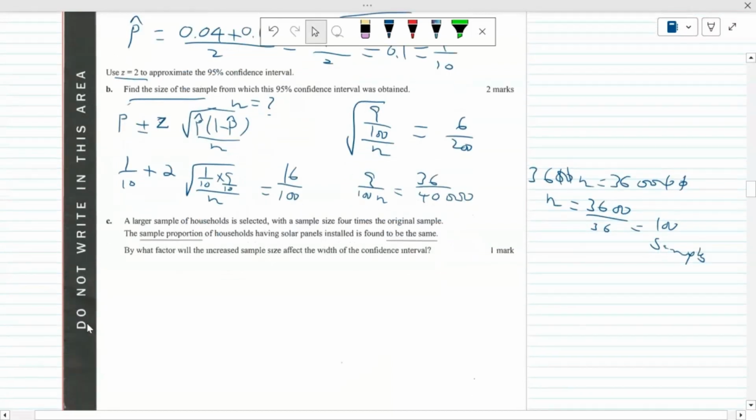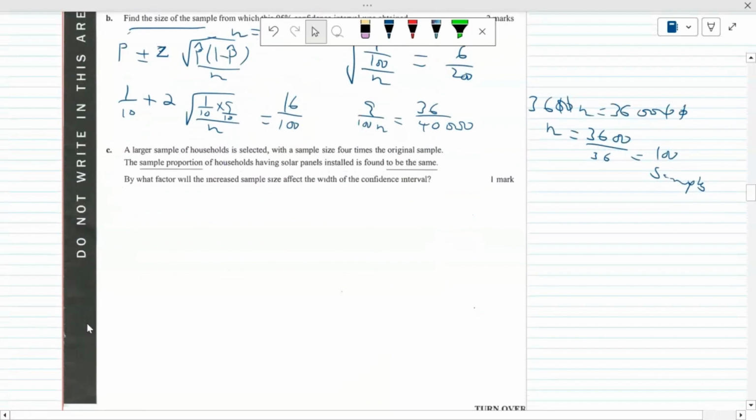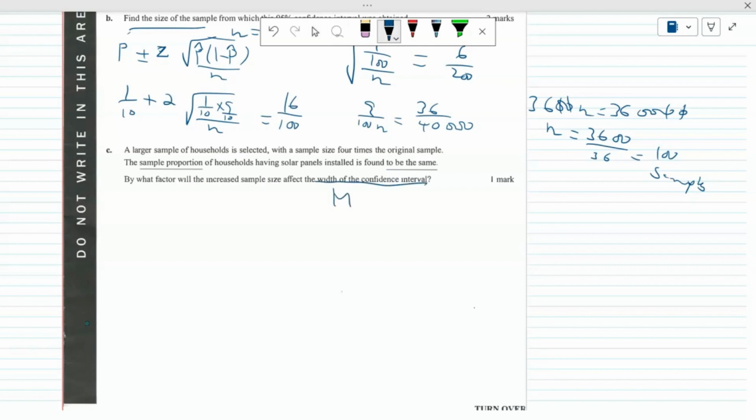All right. A large household is selected as well. So with a sample size of 4 times the original sample, the sample proportion of households having solar panels installed is found to be the same. But by what factor will the increased sample size affect the width of the confidence interval? So that basically means margin of error.